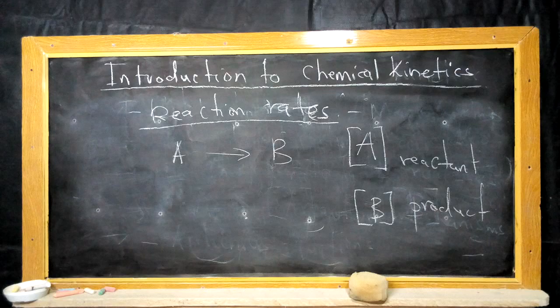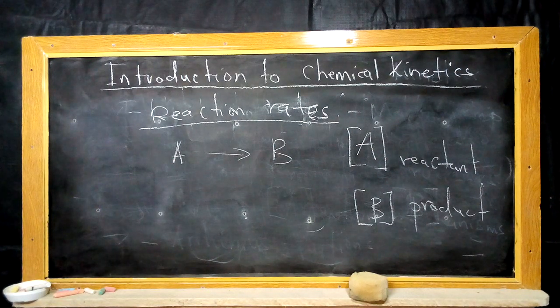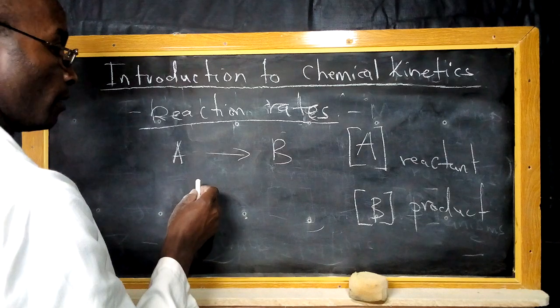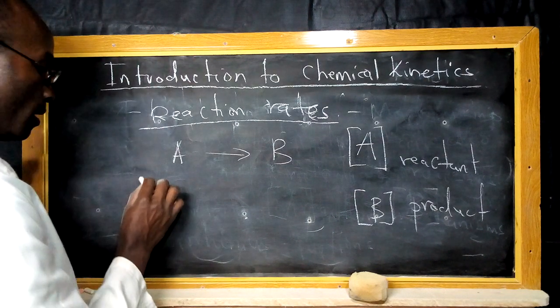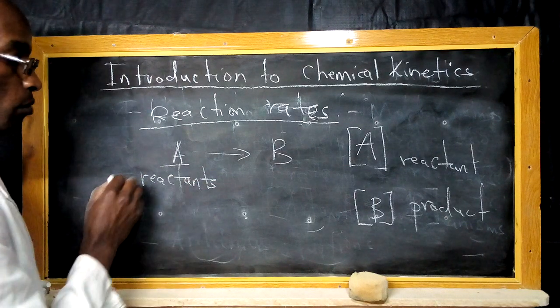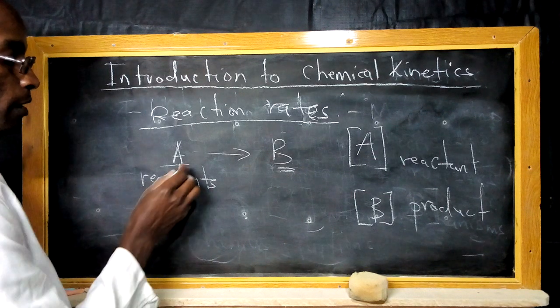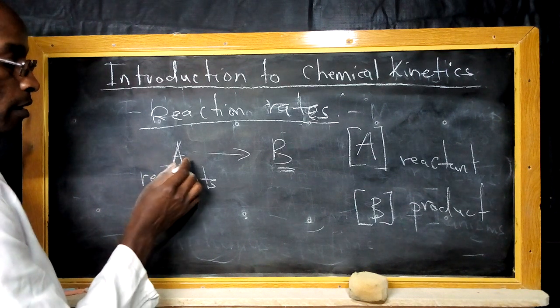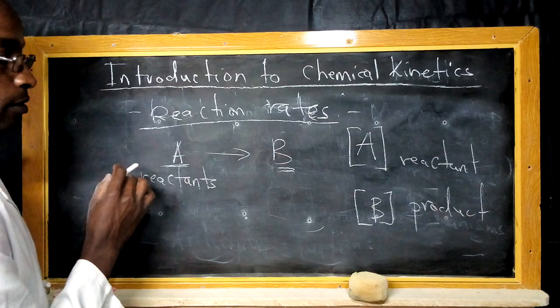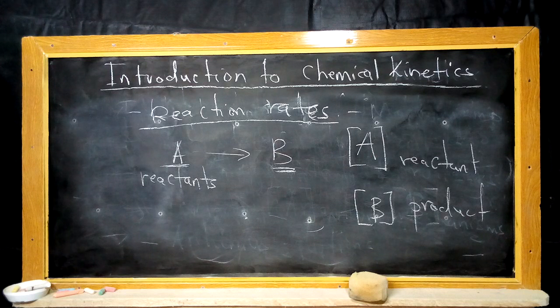So how do we measure the concentration of the reactant and the product in that case? Of course, there are two ways of achieving this. So we can measure the rate at which the reactants, of course we said that if this reactant is going to be consumed fully in order to form a product, at the end of the reaction we find that the concentration of A, or the amount of A, is 0, whereas the amount of B is at a whole percentage.